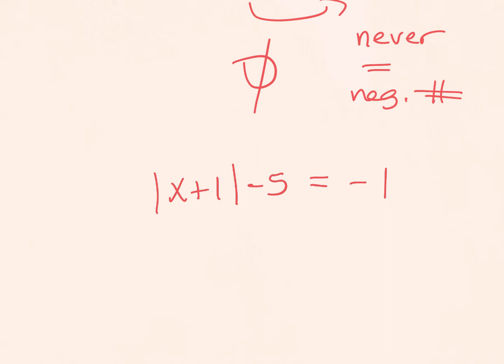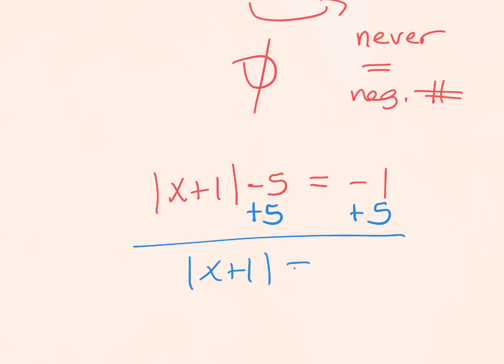So what I need to do is move this 5 that's not in the bars to the other side. At first glance, you might think, wait a minute, it's equaling a negative number. I can't do this. But once you isolate it, now what is in the bars equals a positive number. And we can solve this.